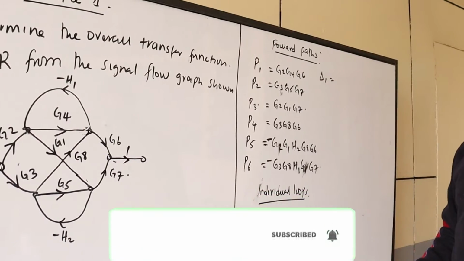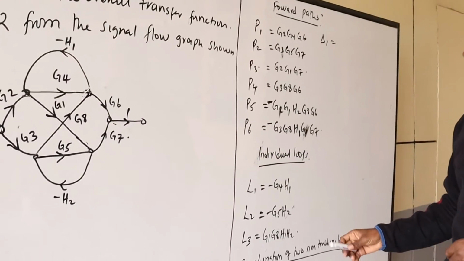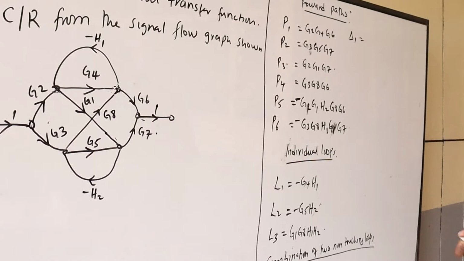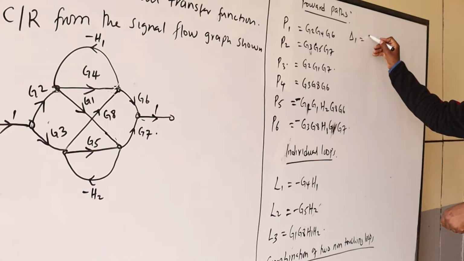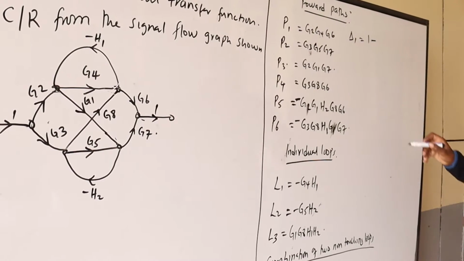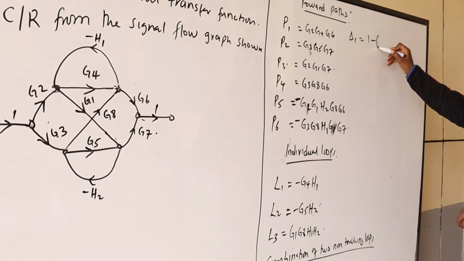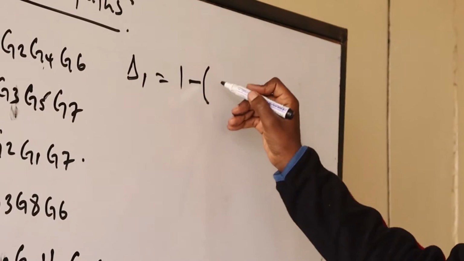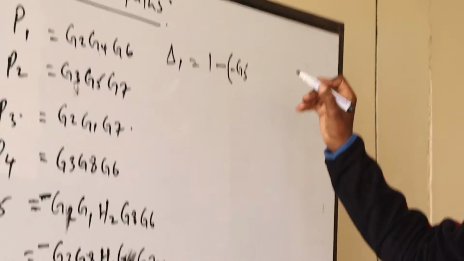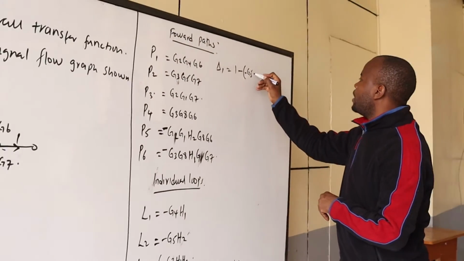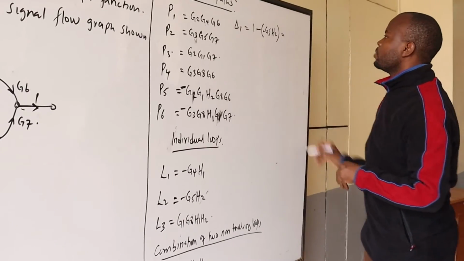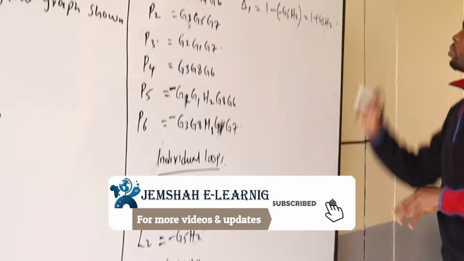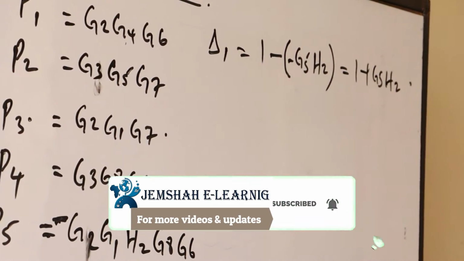Then we look at it vis-a-vis the other loop, minus G5 H2, and it does not touch that loop. Therefore the corresponding value will be 1 minus the loop that it doesn't touch, which is 1 minus (minus G5 H2). That gives us 1 plus G5 H2. So that is the value for that particular determinant.